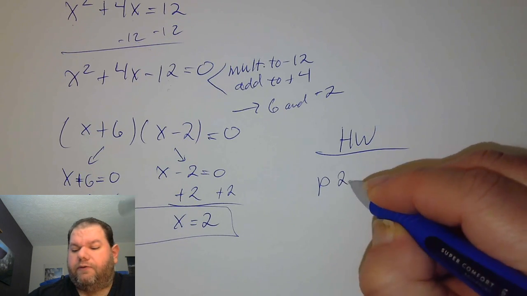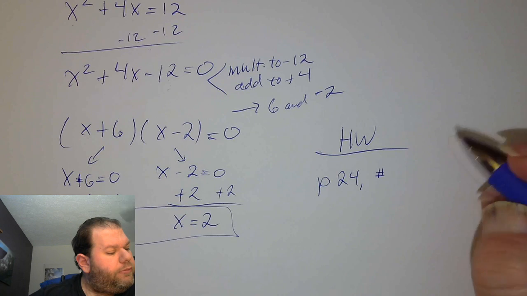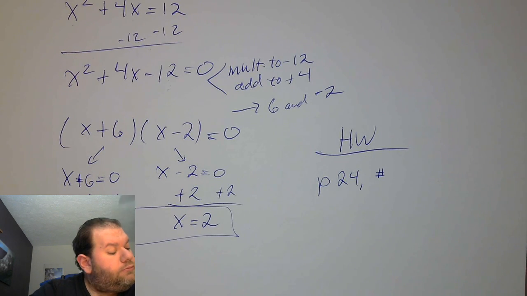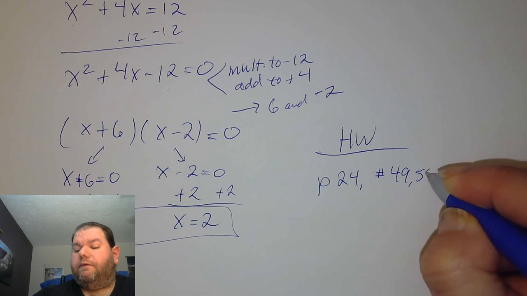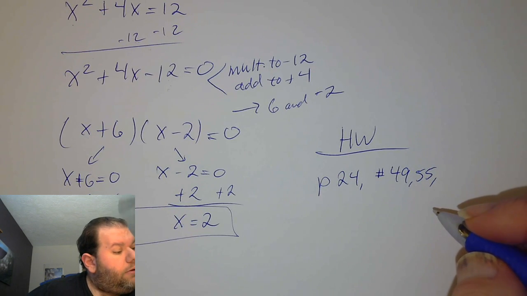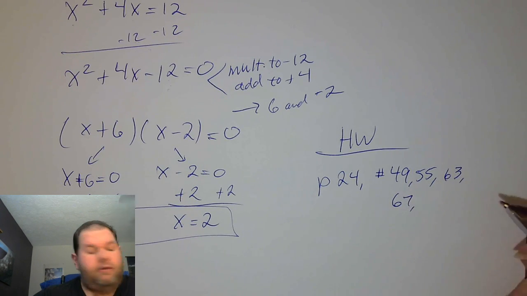On page 24, look at 49 and 55, 63 and 67.